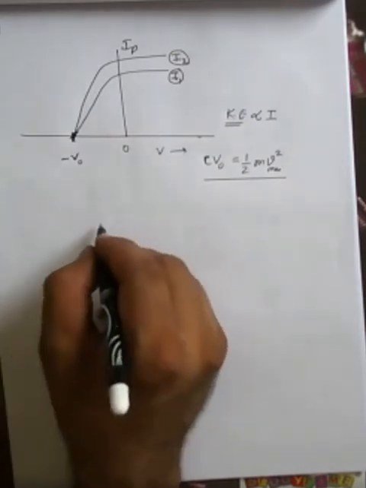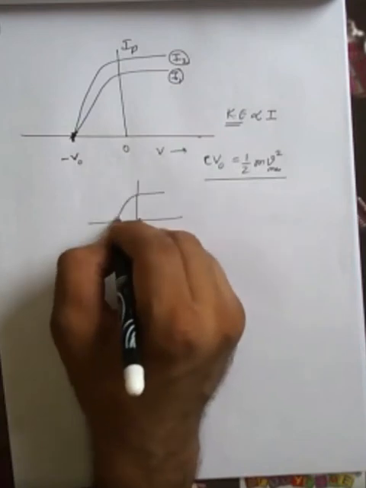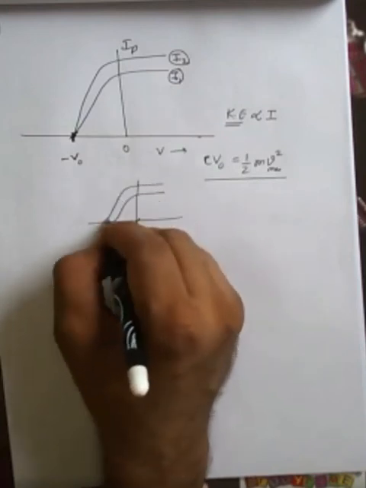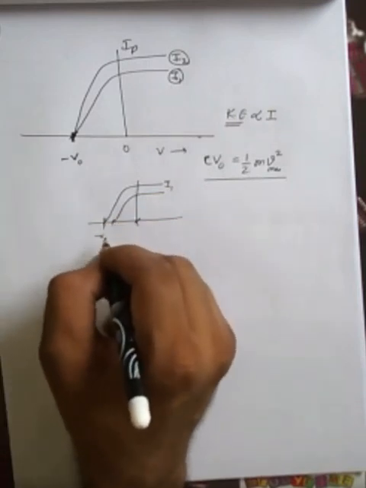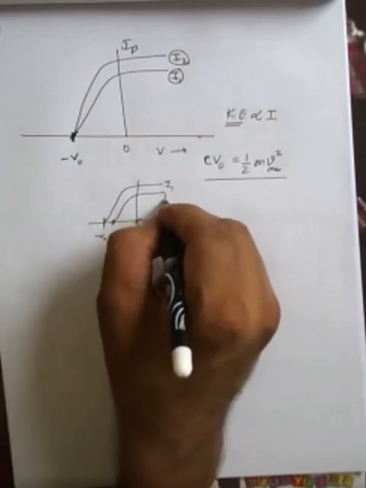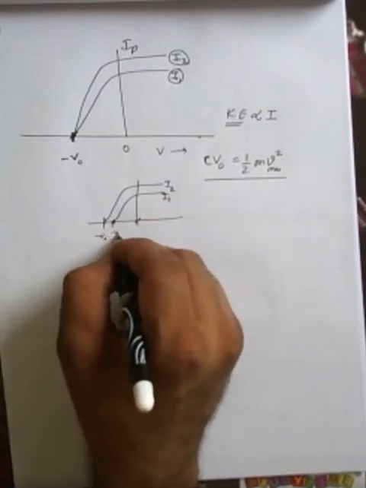Okay, so as per classical physics, if the intensity is higher, then this V0 should be higher. If the intensity is less, then it should be some lower value.